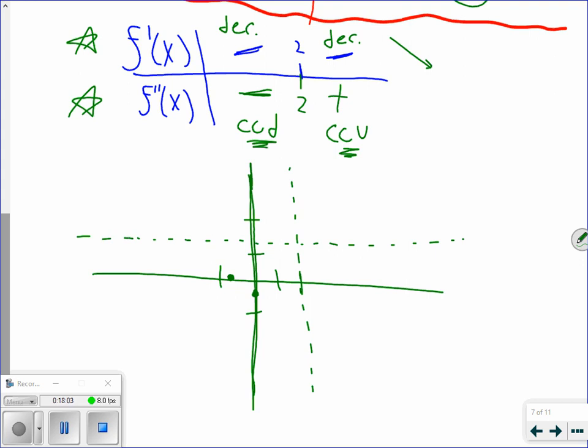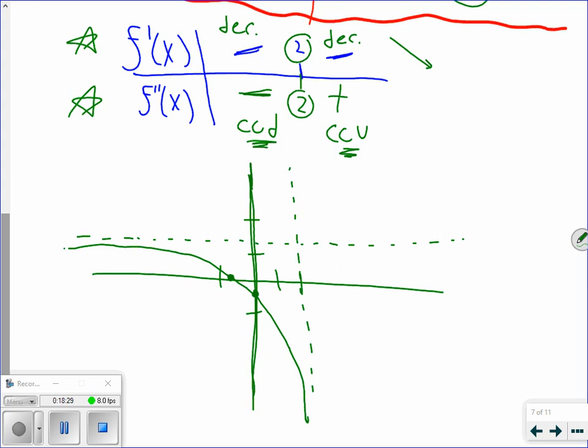So a rational function goes along the horizontal asymptote because it's coming from infinity. It's going to go through these 2 points. And because 2 is undefined and we can't actually plot that point, it's a vertical asymptote, so we're just going to follow the curvature all the way down the vertical asymptote.